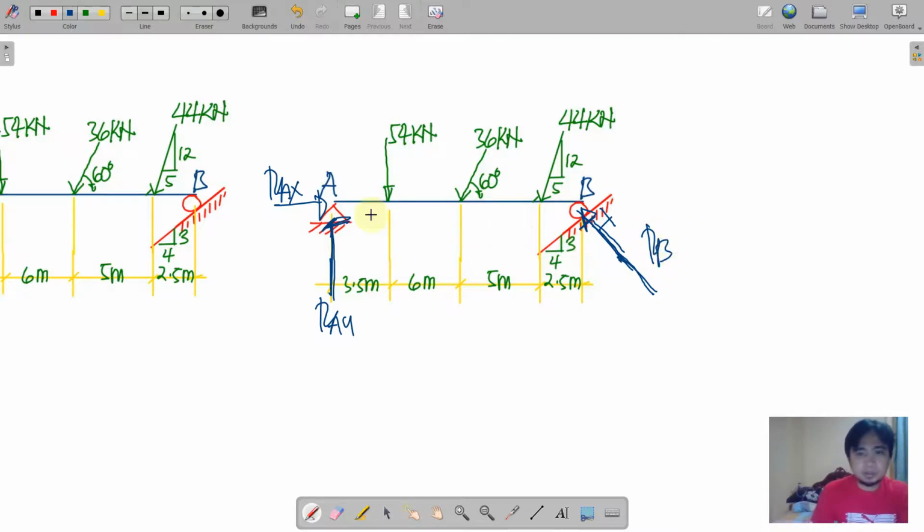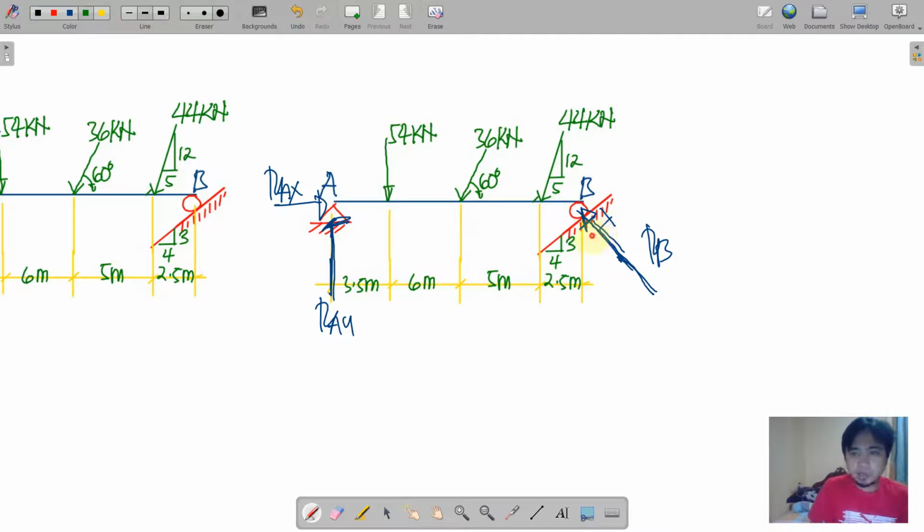Okay, so we need also to have the slope of this reaction at B. Okay, so we need to resolve for its components.